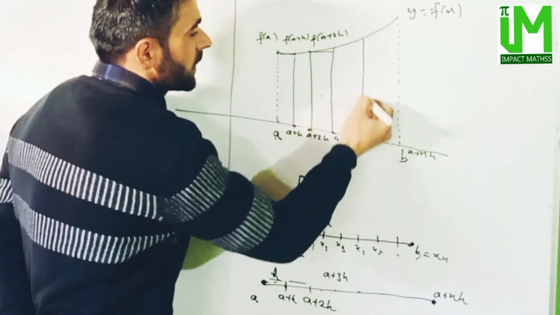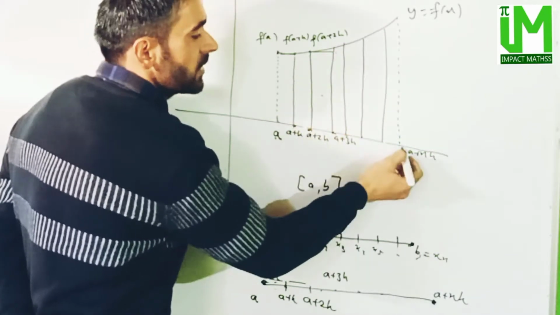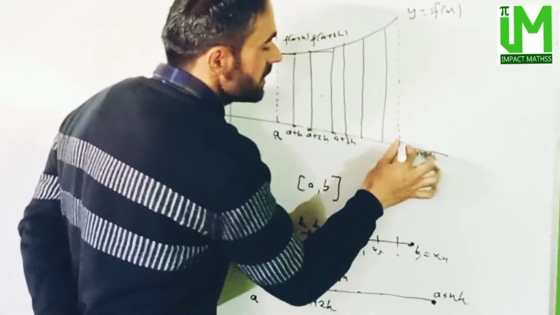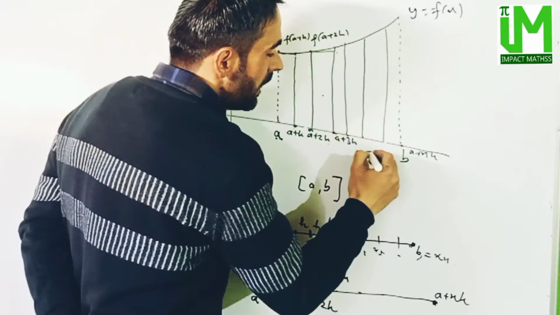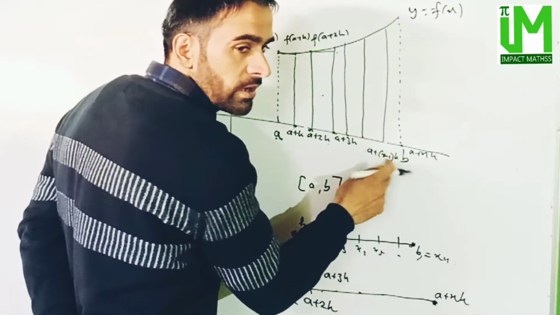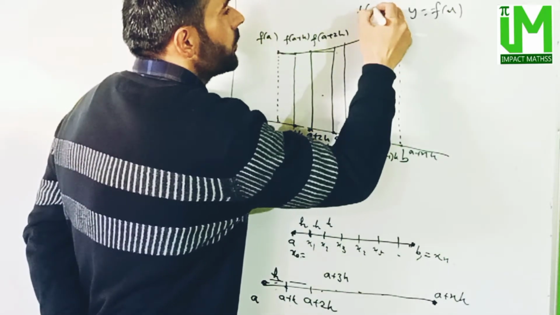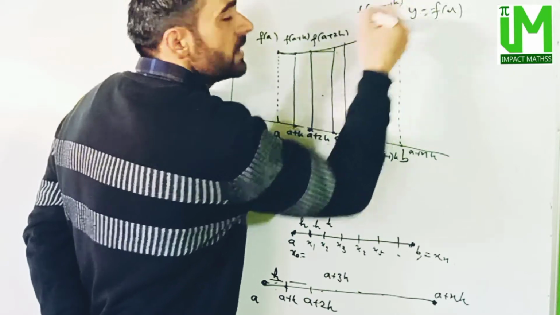So this will now be another rectangle. Here, last but one rectangle. Okay, last but one, what will that be? f of a plus n minus 1 into h. Here the image is f of a plus n minus 1 into h.